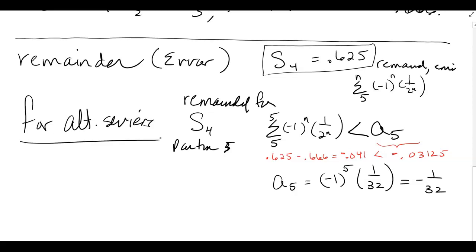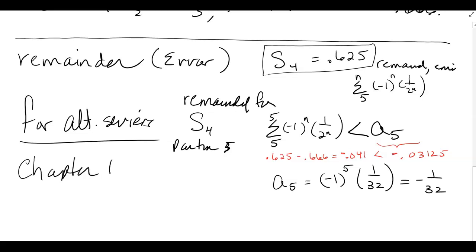So it's brought up in this section very briefly because you're working with geometric, and it's kind of easy to see with the geometric because, again, geometric was the only one we could actually get a sum of. But this is going to come up again in chapter 11. So this is a brief introduction to remainder and error, but you're going to see this again in chapter 11.